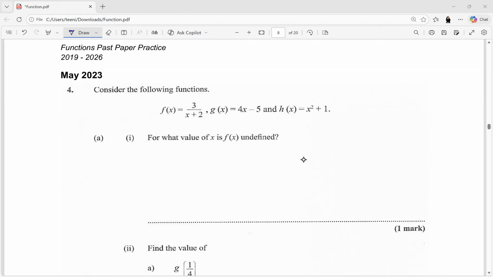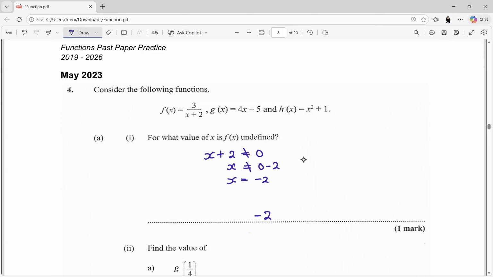So remember, x plus 2 cannot be equal to 0. So it means that x cannot be equal to 0 minus 2. x cannot be equal to -2. So the value of x for which the function is undefined is -2.